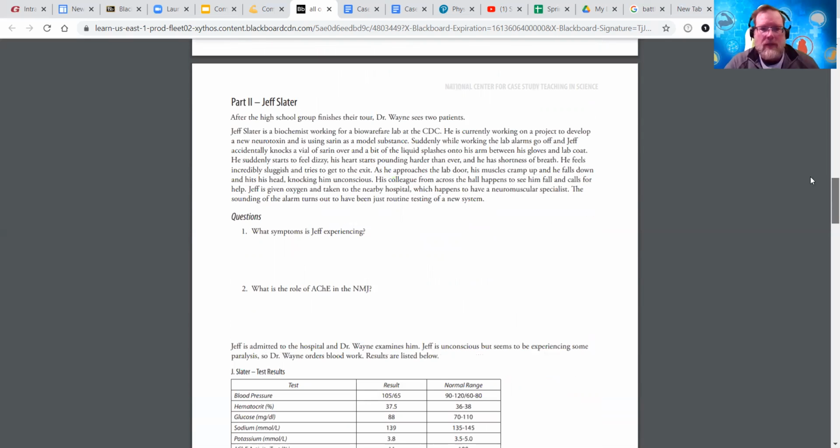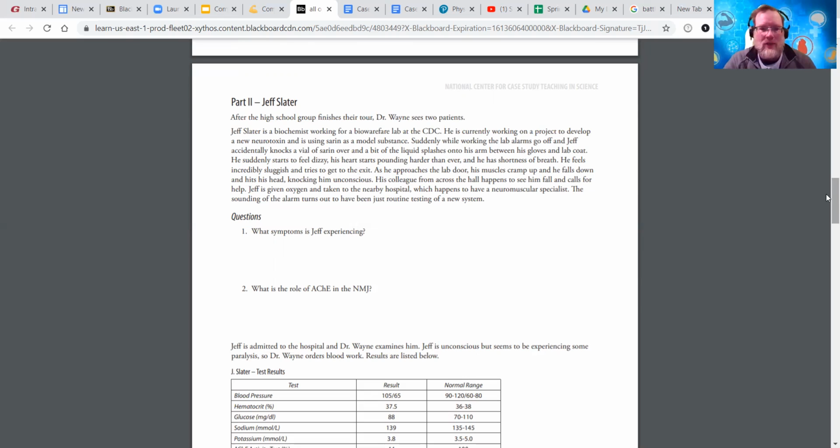And then the next, we get a patient. So the first one is Jeff, and it discusses, in essence, that Jeff works in a lab for the CDC, and he was exposed to sarin gas, a little bit of liquid splash onto his arms, and then after that, he was dizzy, heart started pounding, shortness of breath, sluggish, etc. He basically falls, his muscles cramp up, and he falls down and hits his head and is unconscious.